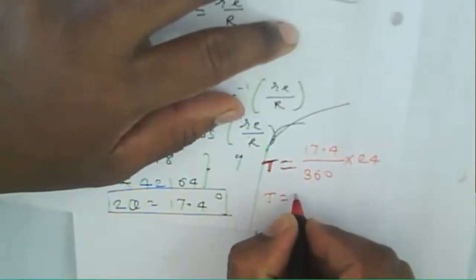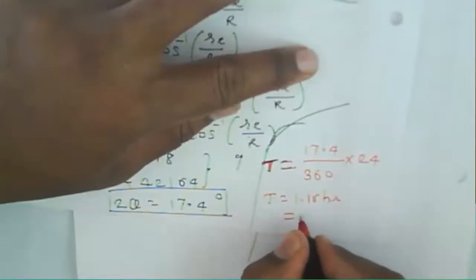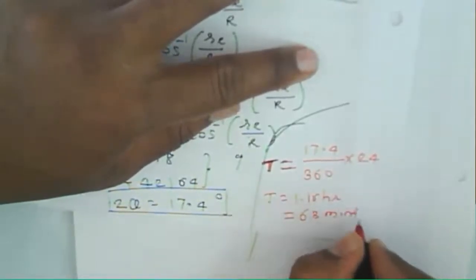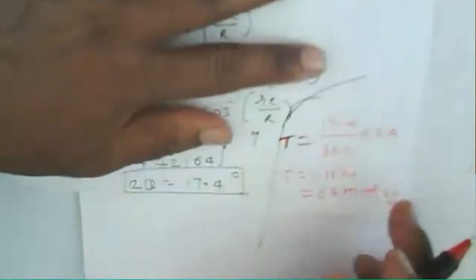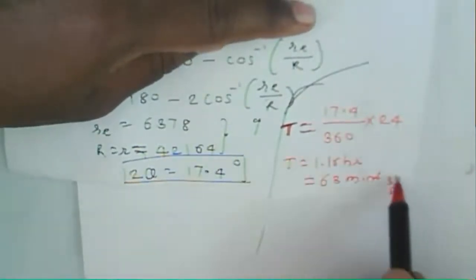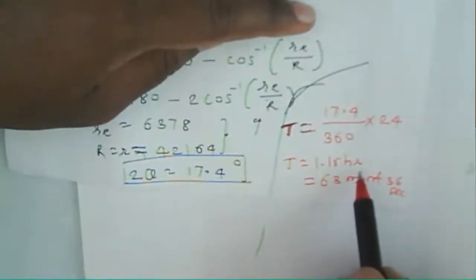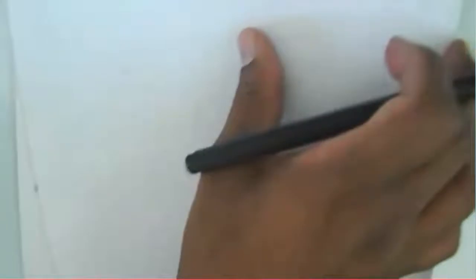If you solve it, we get a time period of about 1.16 hours, or in terms of minutes, about 63 minutes and 36 seconds. This is the total duration of the eclipse that occurs in that particular period.